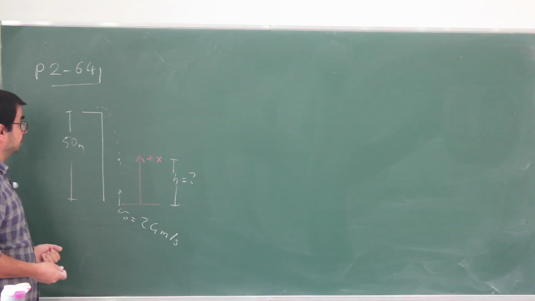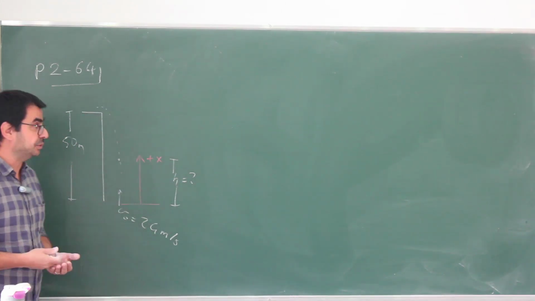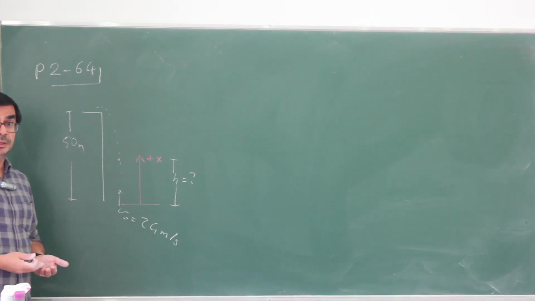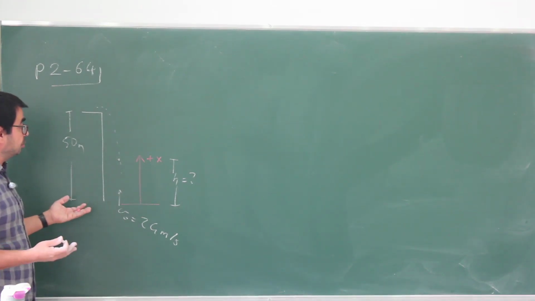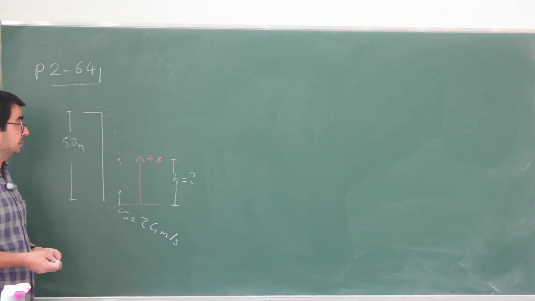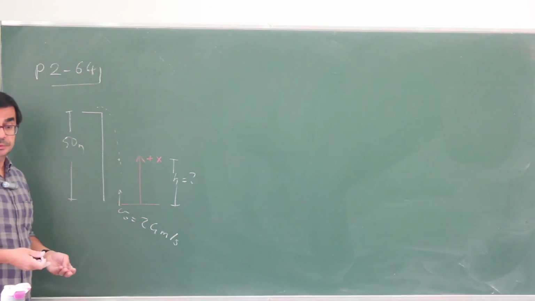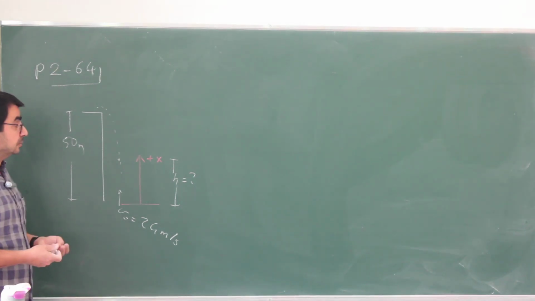So just the coordinate of that point is going to be our answer in this case. Now, how would you solve this problem? What happens at the time of collision? At the time of collision, their positions are the same. So the first thing that comes to my mind is to write down the positions for the two objects, and then set them equal to each other and see if I can solve for the height. Now, I can't do this directly.